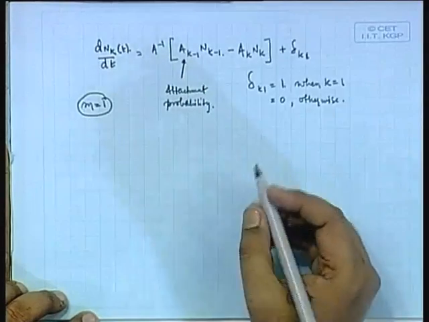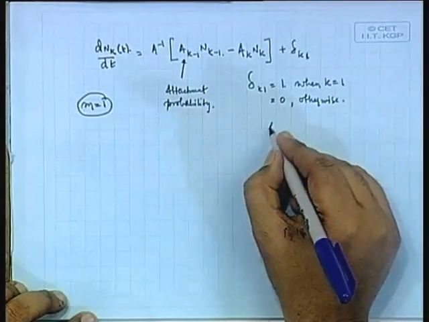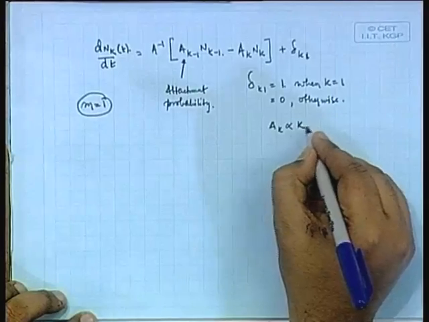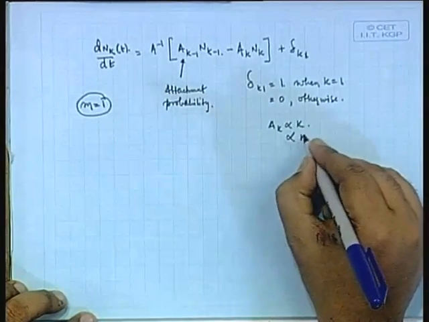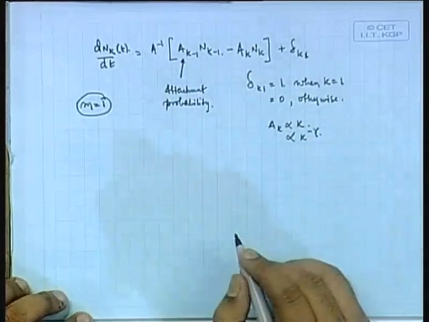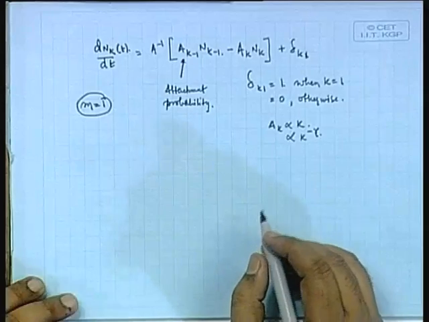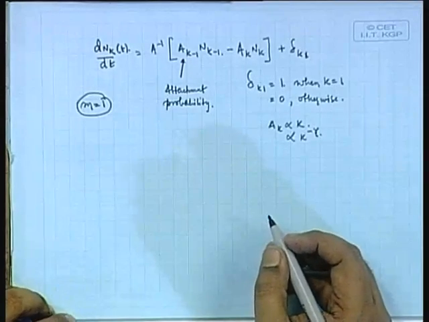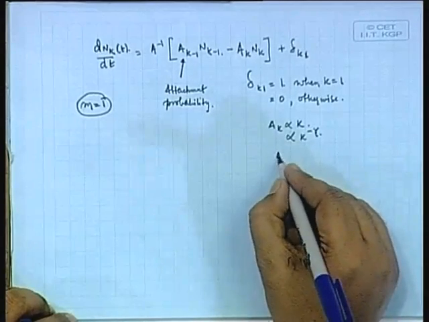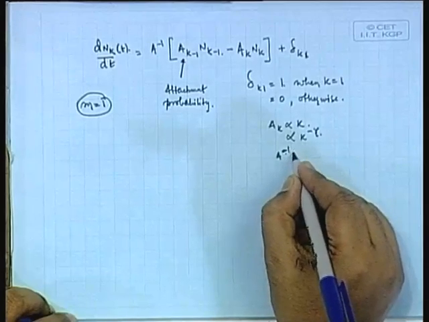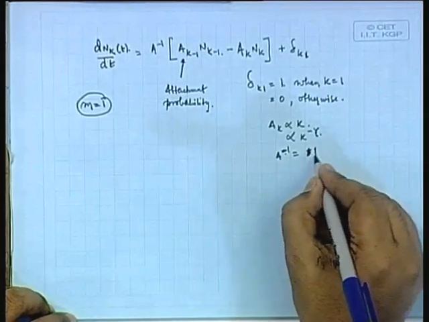A is the attachment probability, like last time we said a k is proportional to k, or it can be proportional to k to the power minus count. A inverse is the normalizing constant.